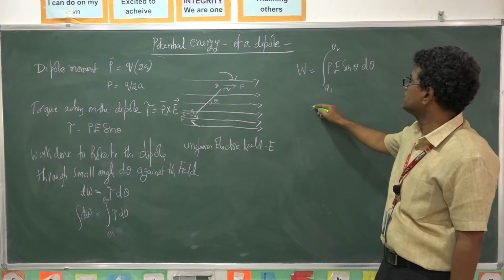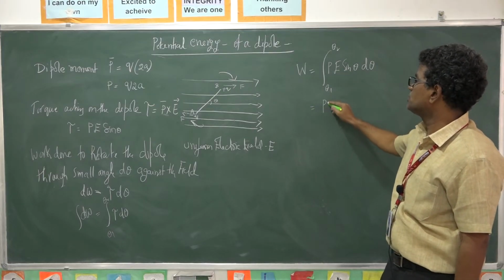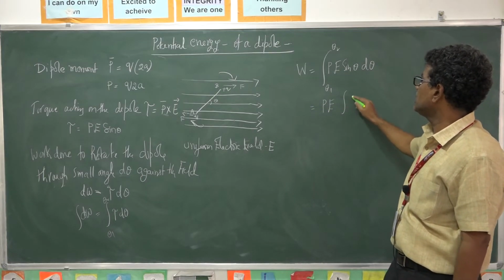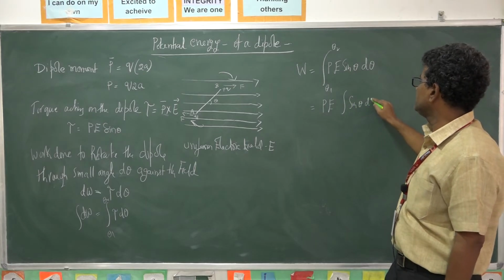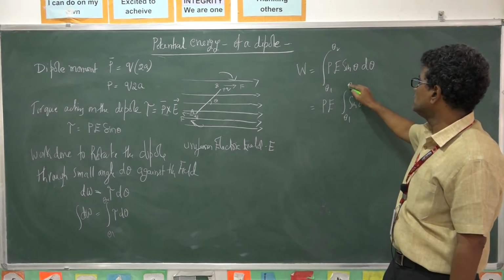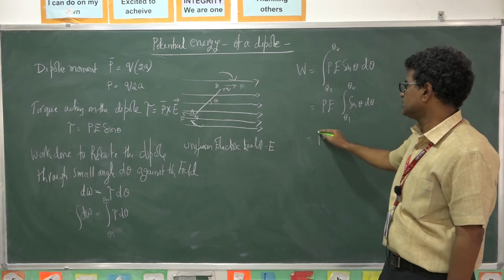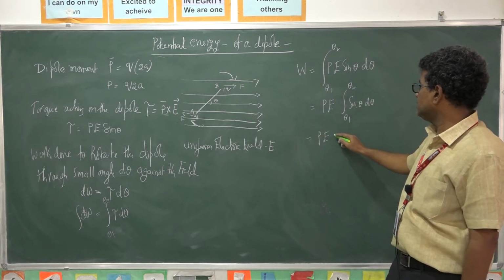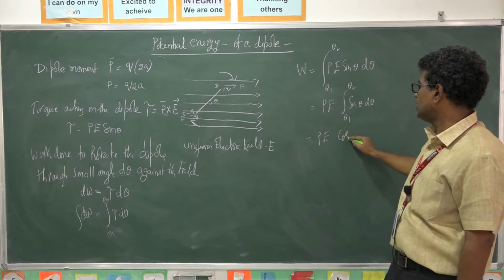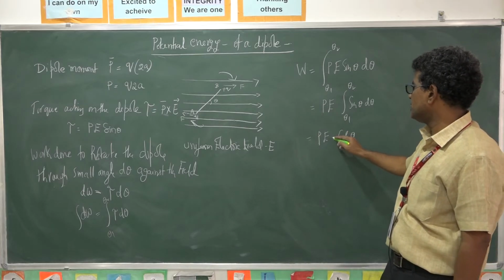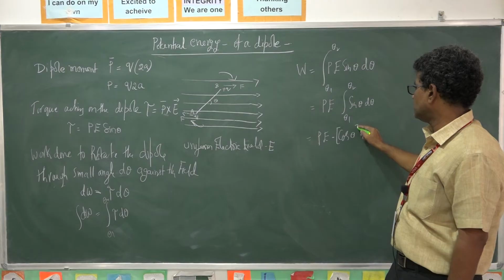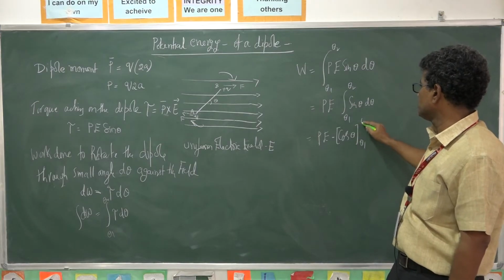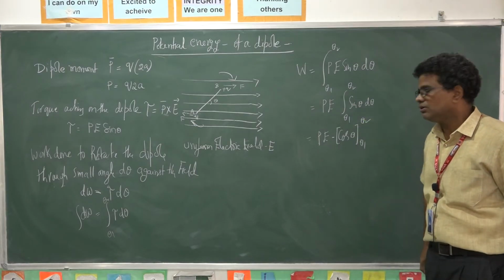PE are constants, so PE integral sin theta d theta from theta 1 to theta 2. The integral of sin theta d theta gives minus cos theta. After integration you substitute the limits theta 1 to theta 2.